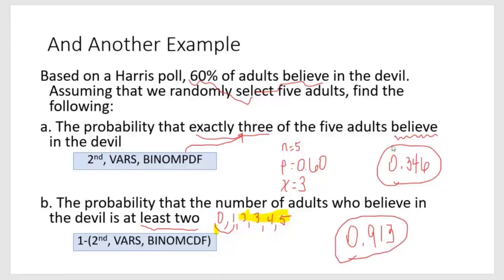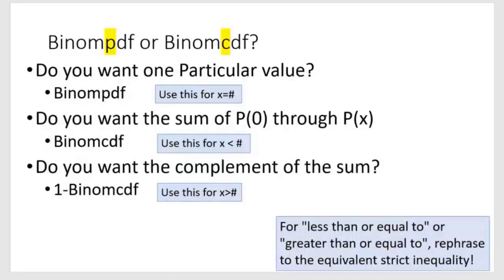Cumulative, the C one adds, and it always adds from the left, and the P one does a particular value. This is kind of that summary. If you want a PDF or a CDF, which one? If you want a particular value, you're going to use a PDF, and that is going to be x equals a particular number.